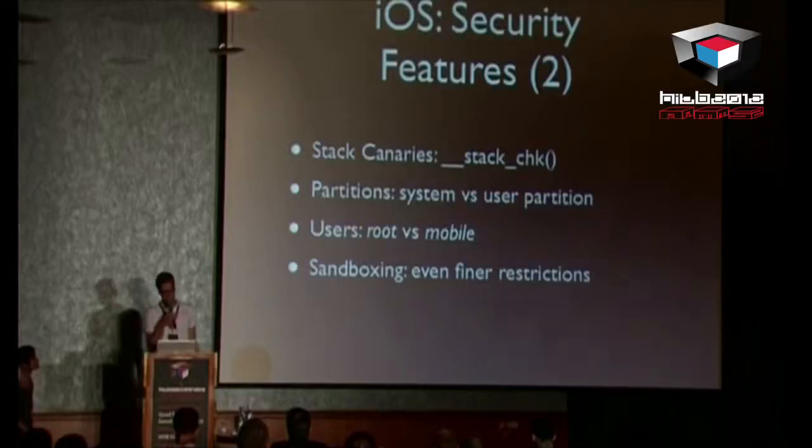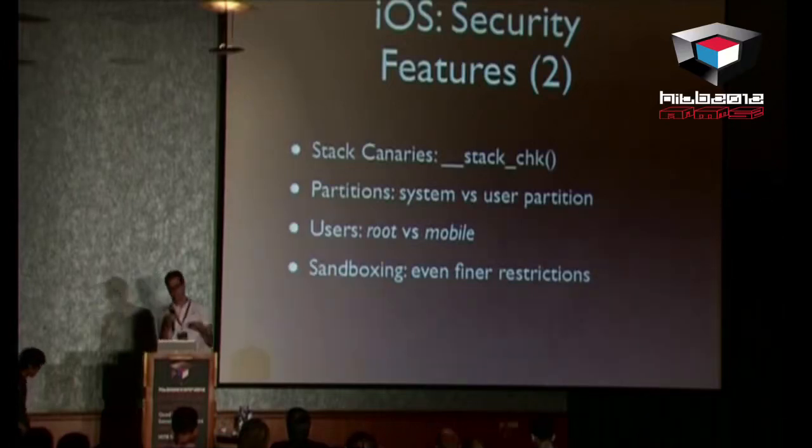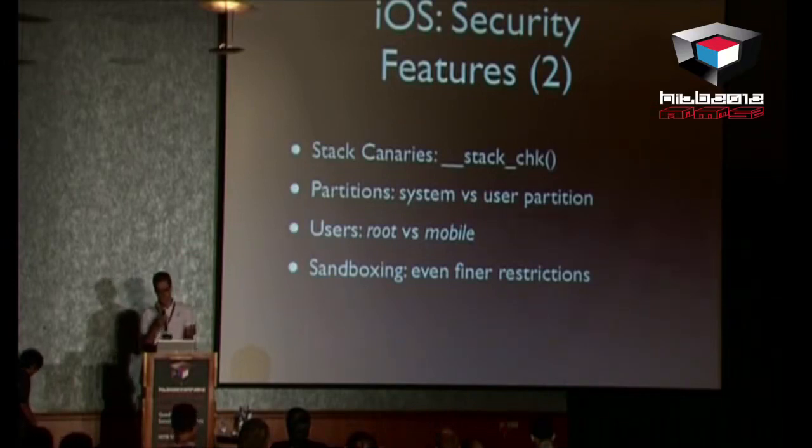Then we have the users. This is actually not only root and mobile, there are more users, and every process runs with a specific user, to prevent privileges that it doesn't need, which we could exploit.